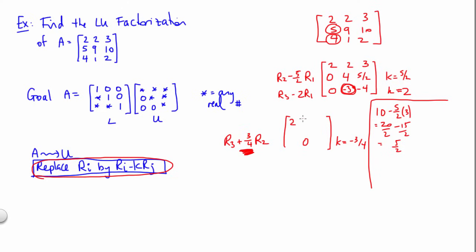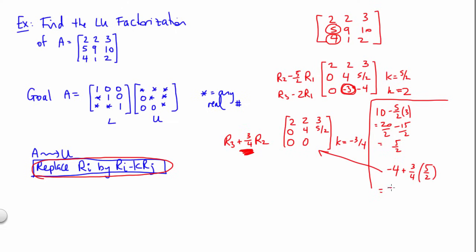All right, so we'll use this value a little bit later on. Let's fill in our entries. The top two rows are not changing. And in the bottom row, we've got 0, 0, and then we may need to do a little calculation here over on the side. We've got -4 plus 3/4 times 5/2.